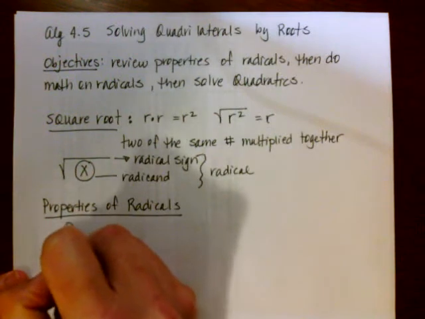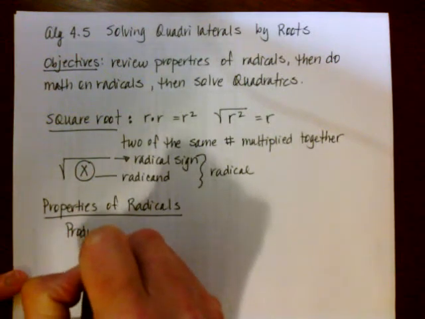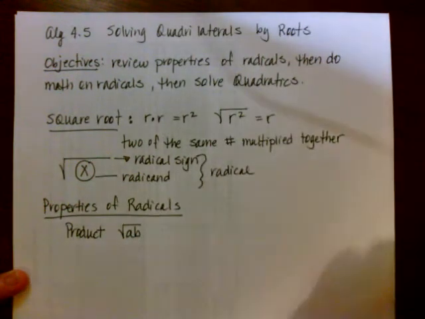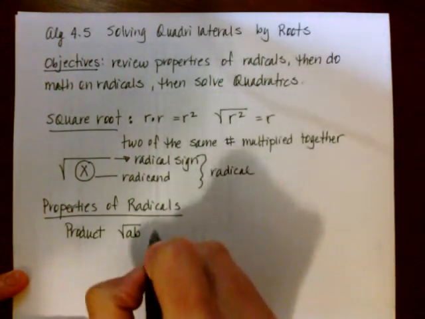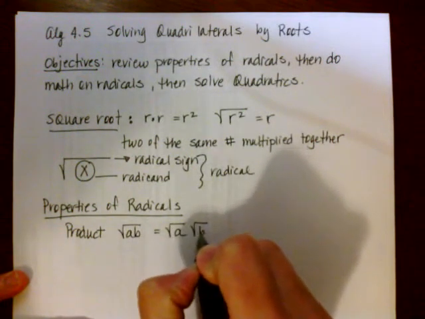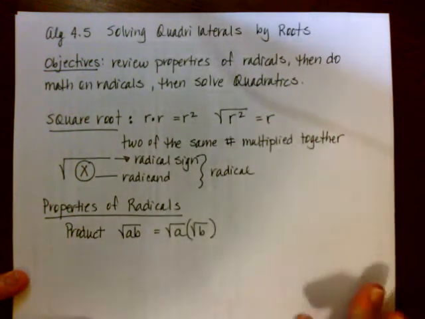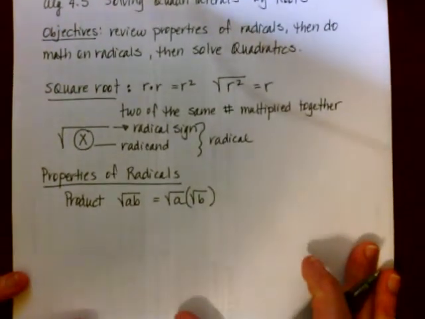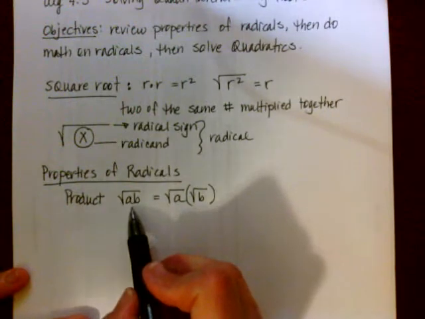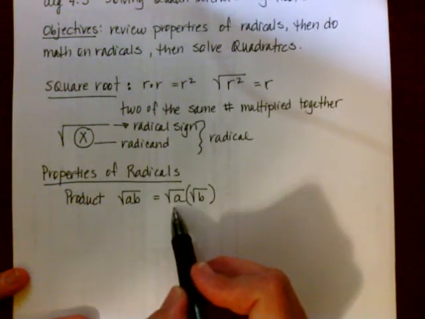The first one that we want to talk about is the product property. So if I have the square root of a times b, I can get the same thing by doing the square root of a times the square root of b. So the product property says that I can split up a multiplication problem into two separate radicals.